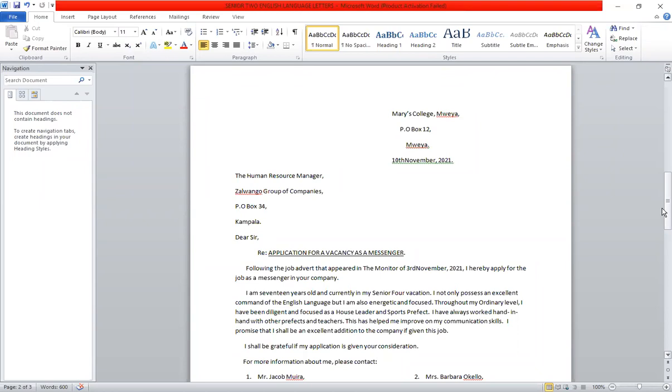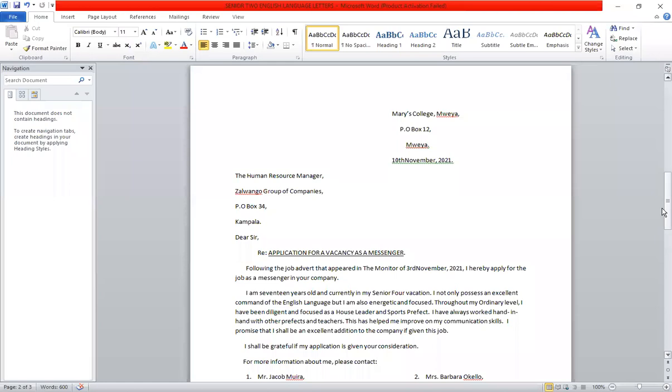And when you're going to write your date, it is supposed to be written the way it is written there after skipping a line. So after that date, we still skip a line and write the recipient's address.